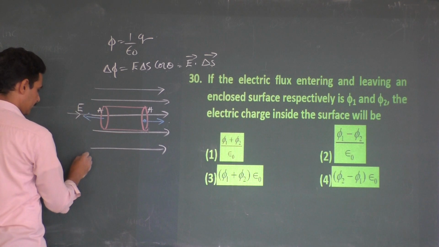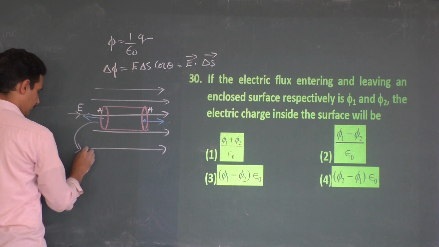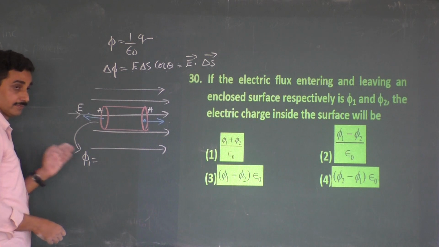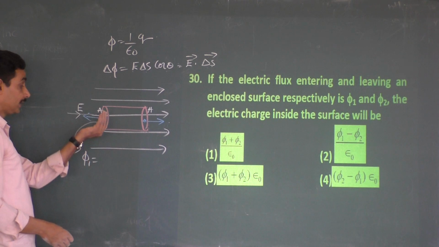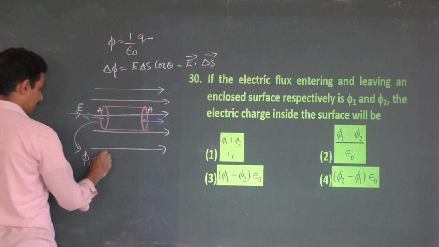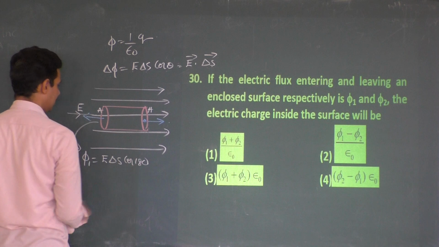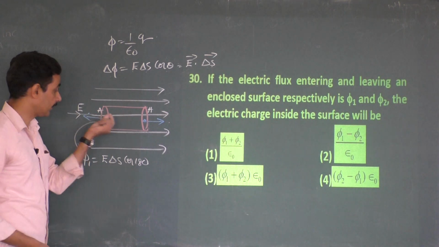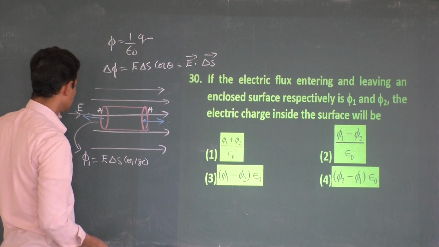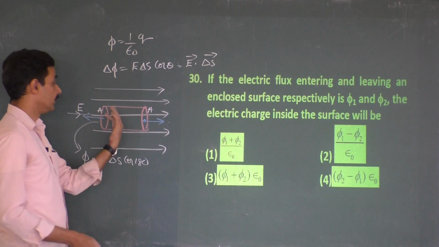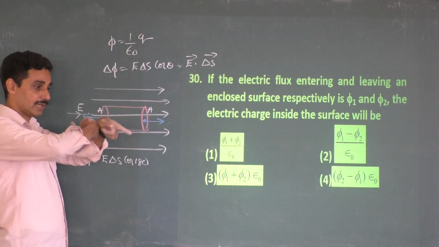Now you see, what is flux through this surface? Flux through this surface, phi 1, entering. Electric field is entering, but the outward moving normal is coming out, so E delta S cos 180. Why 180? Because the electric field is moving in and the normal is coming out, so they are in opposite directions.